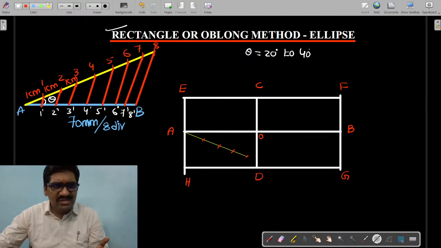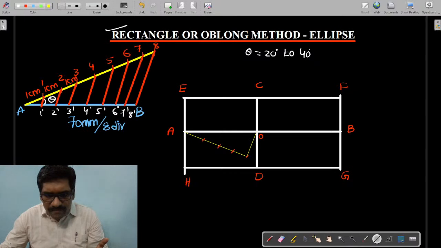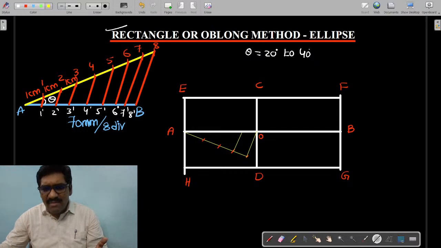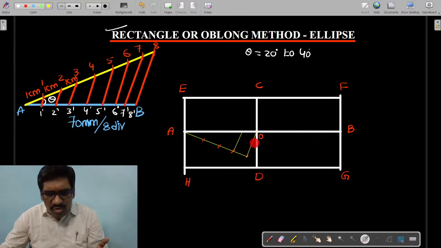Now join these points here. These 2 I am joining. After joining these 2, you draw a line parallel to the previous line. Again, I'm repeating: parallel to this line, I am drawing a line from here.